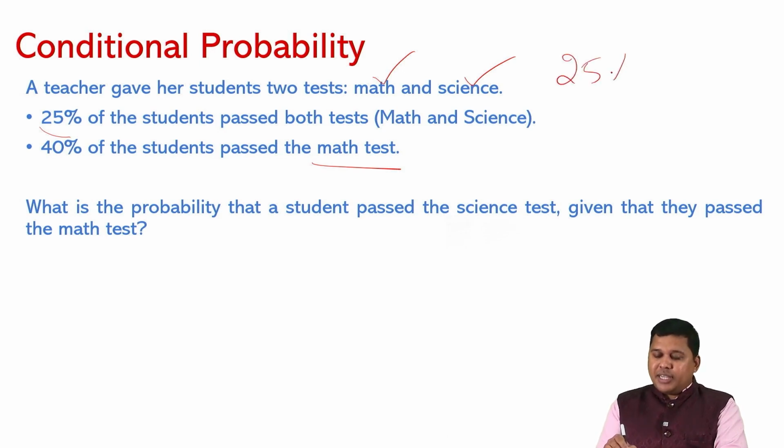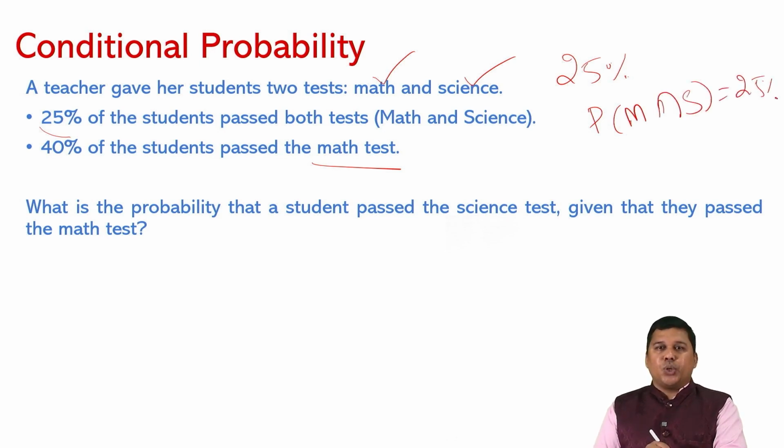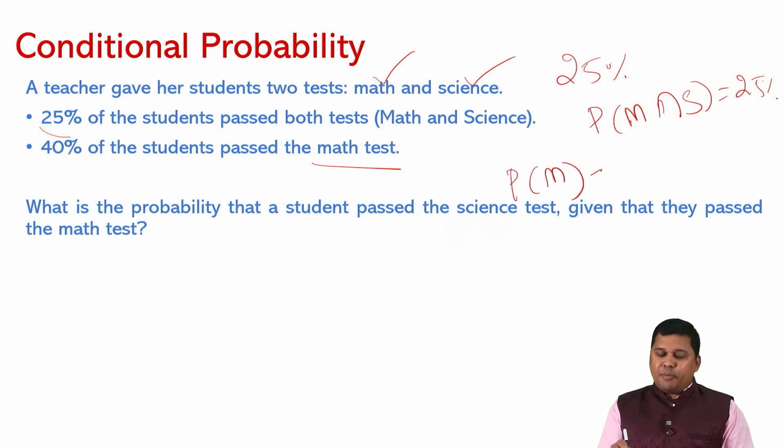M intersection S is given as 25%, and the probability of only M is 40%. The question is, what is the probability that a student has passed the science test given that they have already passed the math test?